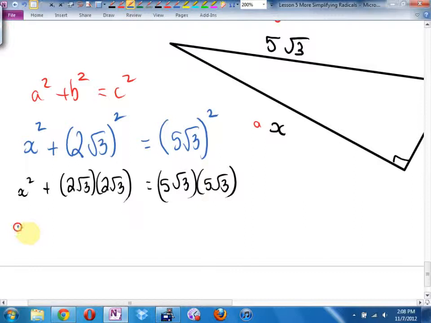Hey, I'll rewrite the x squared again. Oh, we've kind of done this stuff before. How do we solve? Don't we go numbers times numbers, roots times roots? It's going to be 2 times 2. 4. It's going to be a 4. And then what's going to be inside the square root? 9. Equals 5 times 5.